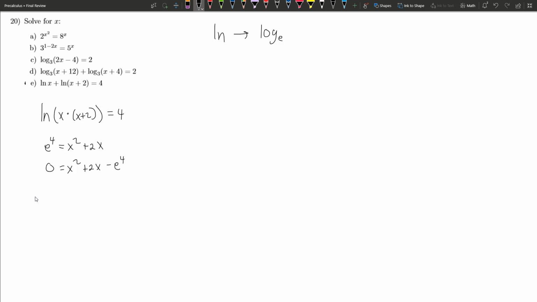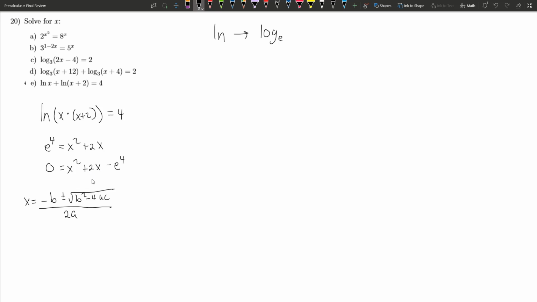Now, what I'm going to do is use the quadratic formula. So that's x is equal to negative b plus or minus the square root of b squared minus 4ac, over 2a. Now, if you're wondering how on earth I remember that, that's because I have a tattoo on my arm. I'm kidding. I actually don't, but maybe I should. So let's see.